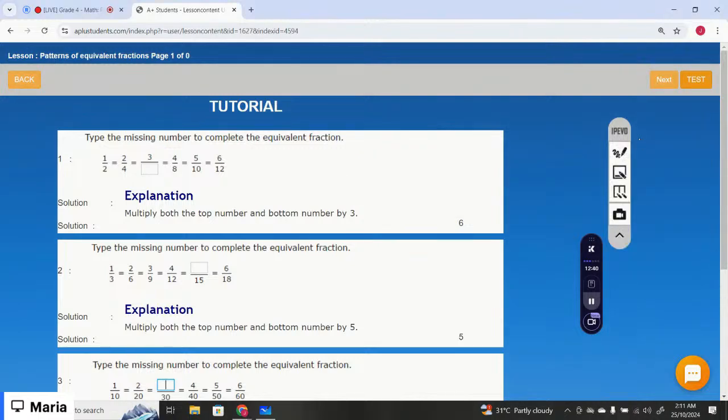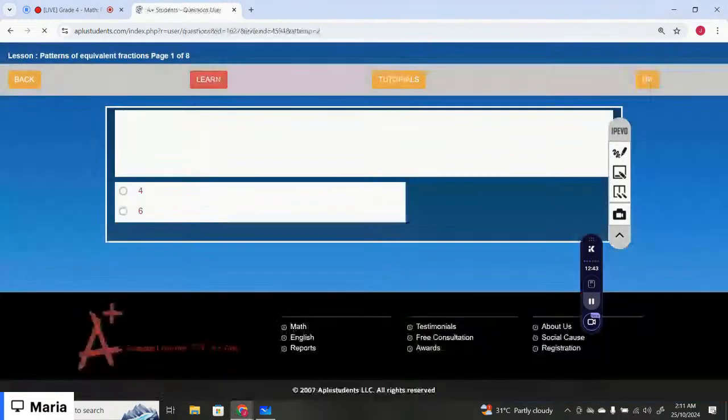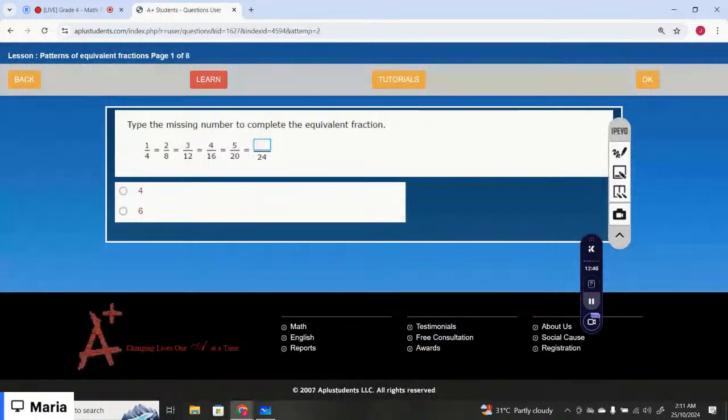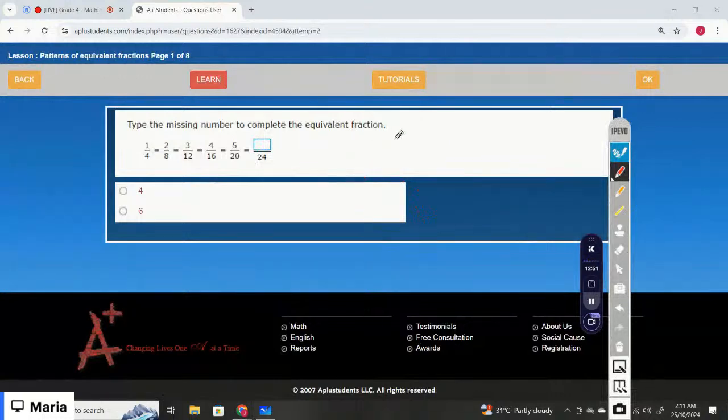Let's start with the test questions. Okay, type the missing number to complete the equivalent fractions. Just look at the one you need to find. So 4 times what number is 24? 4 times 6 is 24.